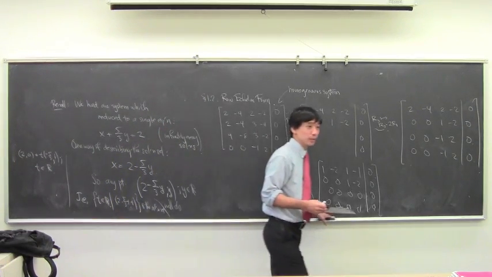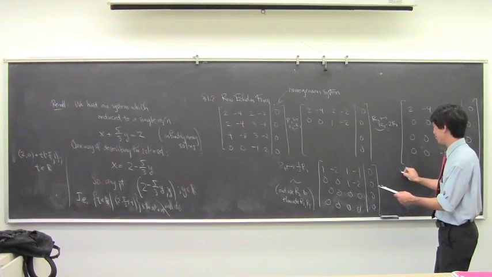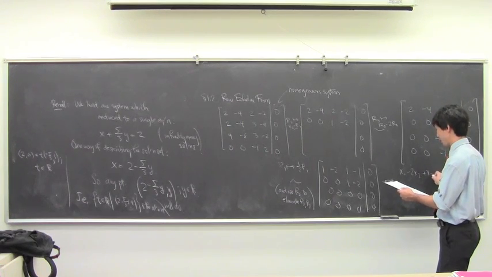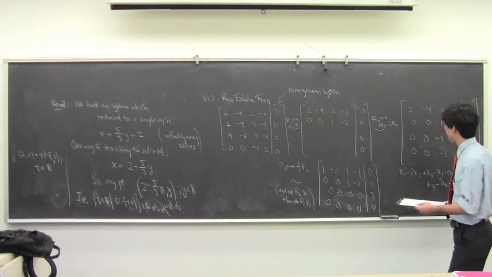All we've done is use the legal operations, and we end up with this system: x1 minus 2x2 plus x3 minus x4 equals 0, and x3 minus 2x4 equals 0.